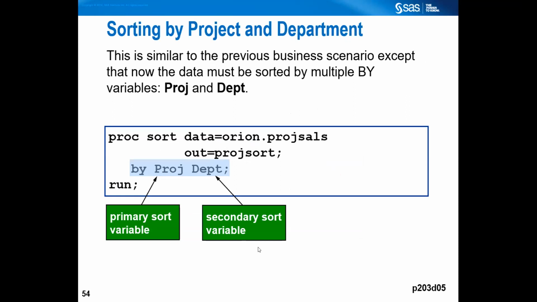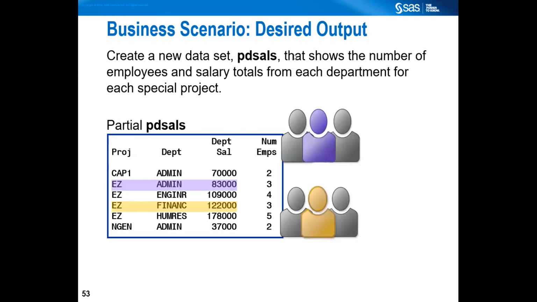Now, why project and department? It's because they are telling you to create a report that shows the number of employees and total salaries from each department for each project. So let's first sort your data within project, department. Getting it now? Understood?